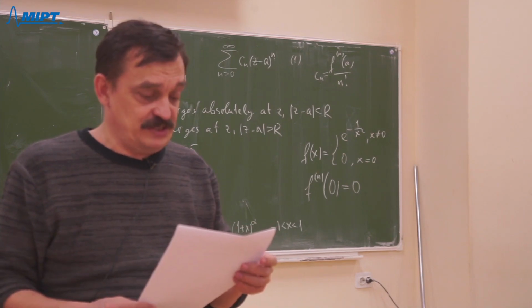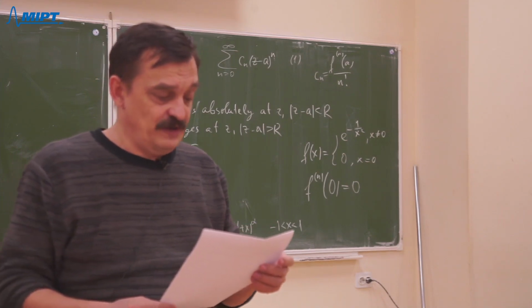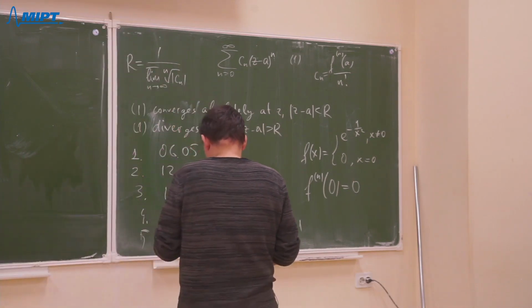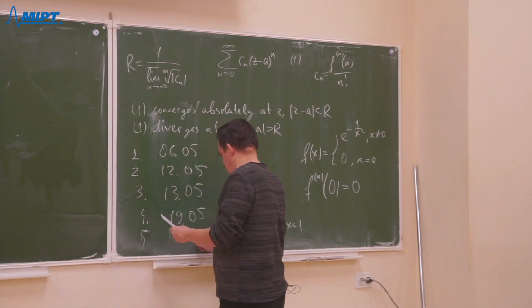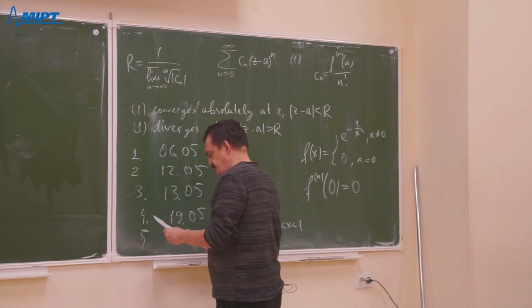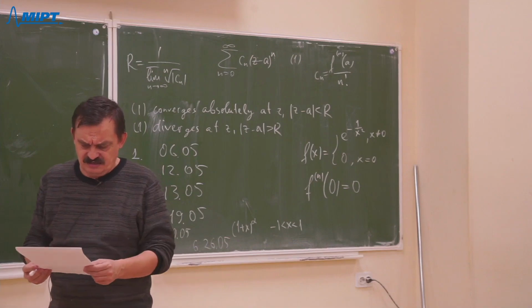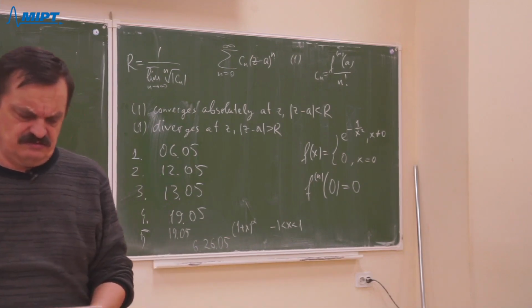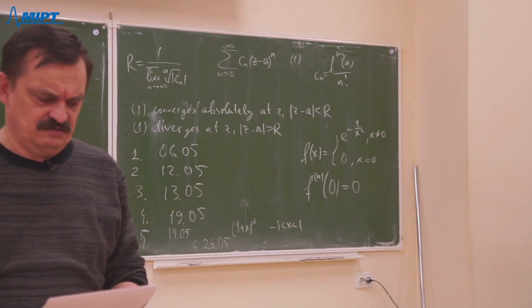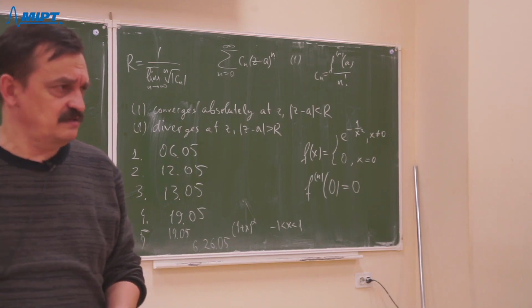Okay, sixth question. Complex exponential and trigonometric functions. That is the lecture of the 26th of May. As far as I remember, I didn't write anything as a theorem here.